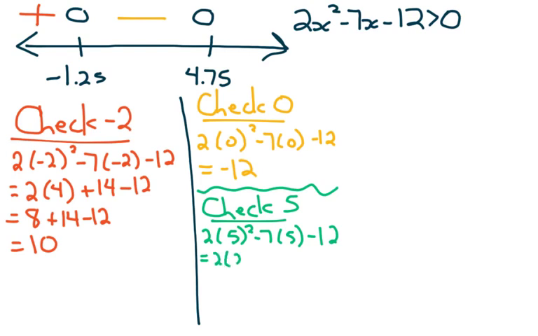Gives us 2 times 25 minus 35 minus 12. So 50 minus 35 minus 12, which is 3, which is a positive number, so anything over there is positive.